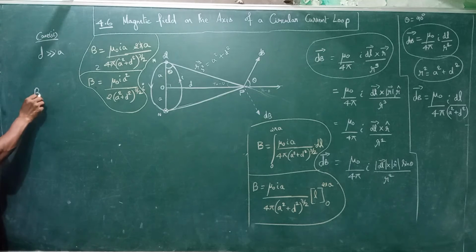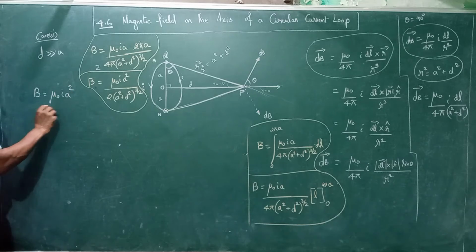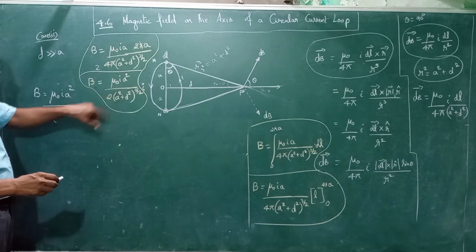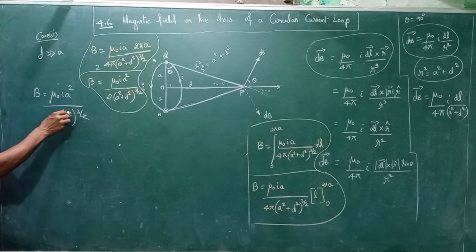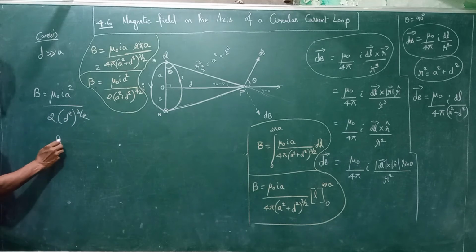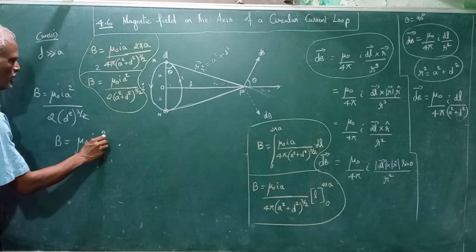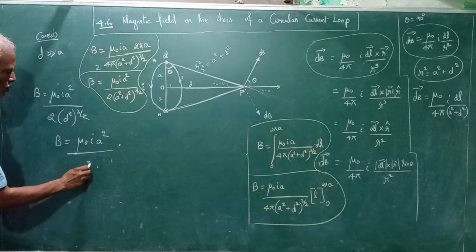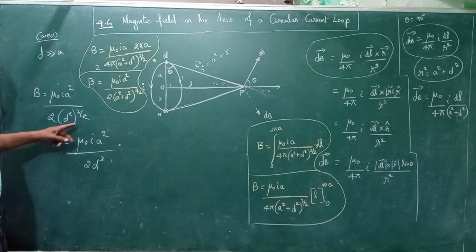Therefore, magnetic flux density is equal to mu naught I a square by 2. Now since a is negligible, this term can be equated to 0, d square power 3 by 2. Now these two terms gets cancelled, then the magnetic flux density is equal to mu naught I a square by 2d cube. Okay, 2d cube.